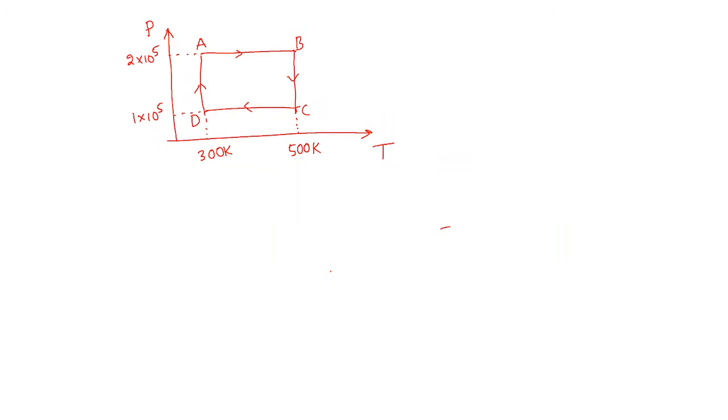So N, the number of moles, is equal to 2. Gamma equal to 1.67.